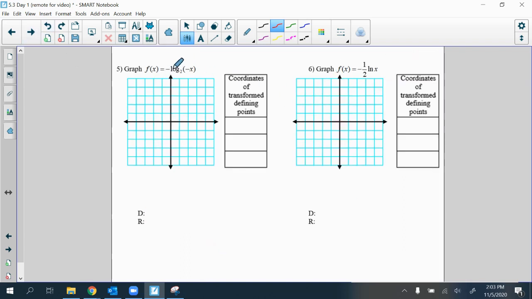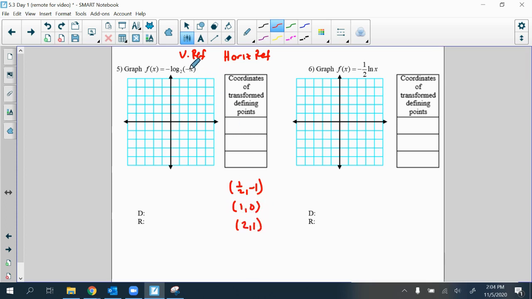Number 5, f of x equals negative log base 2 of -x. So this has a vertical reflection and a horizontal reflection. If we take a look at the original points of log base 2, they are (1/2, -1), (1, 0), and (2, 1).